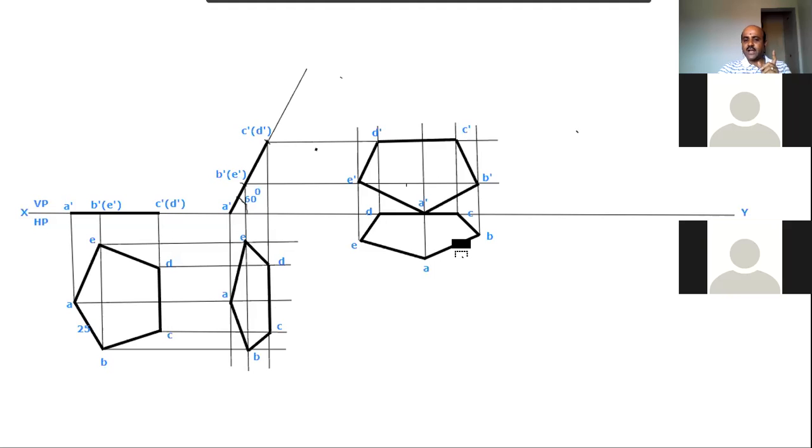Now, again take the compass. Please observe, everybody. With D as a center, measure the radius from D to B, or C to E, either one. Take the radius from C to E or D to B. With D as a center, with the radius equal to DB, cut the arc from here.